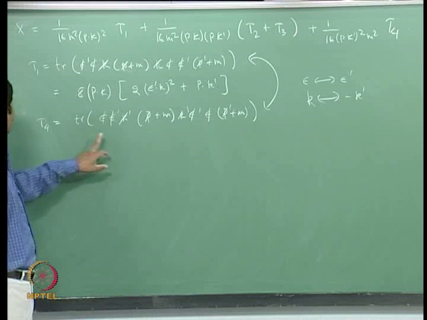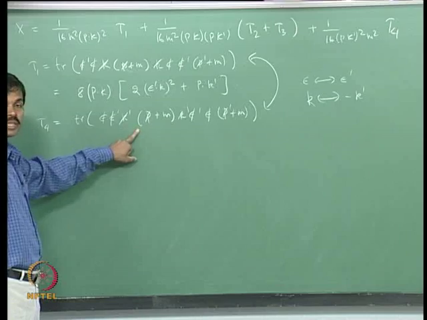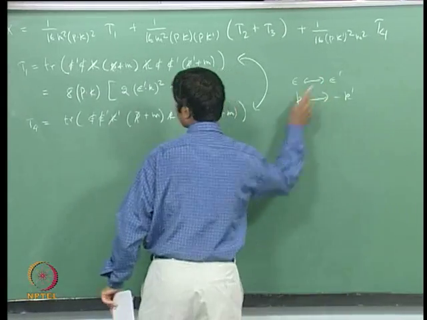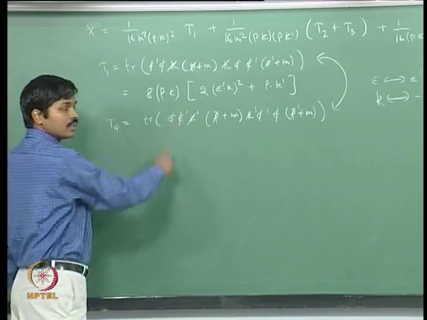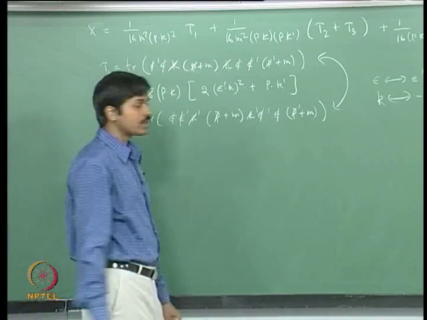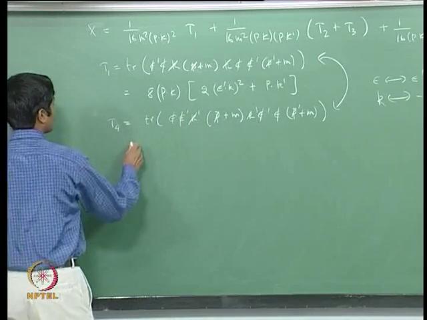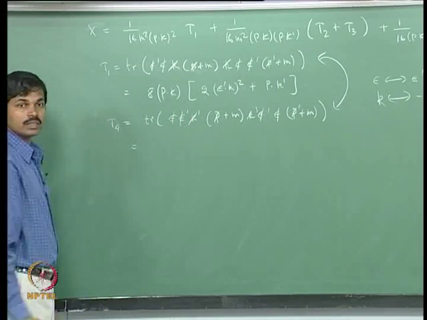Okay? So, you do not need to evaluate T4 explicitly. All you have to do is make this substitution in T1, then you will get what you want for T4. So this immediately tells us what T4 is.